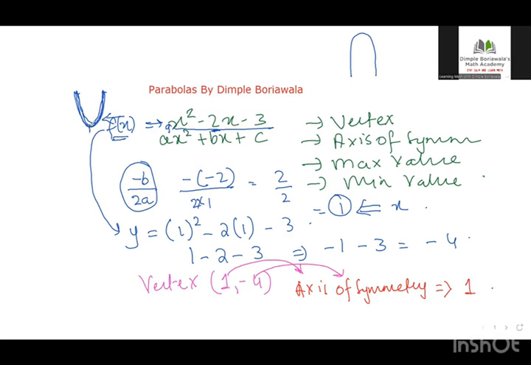So this point is my minimum value because it's on the lower side. So this −4 is the minimum value.